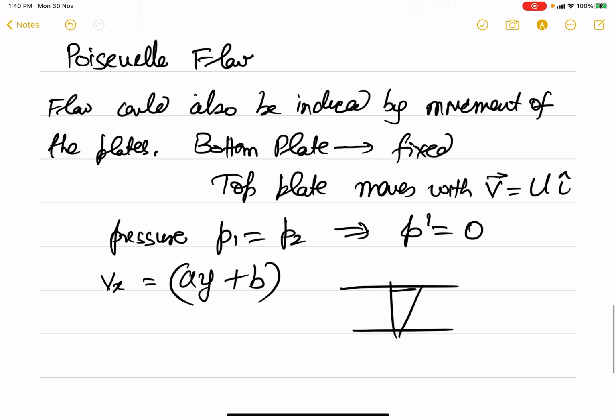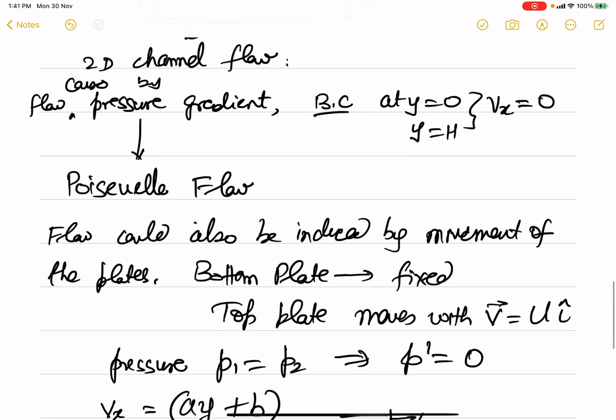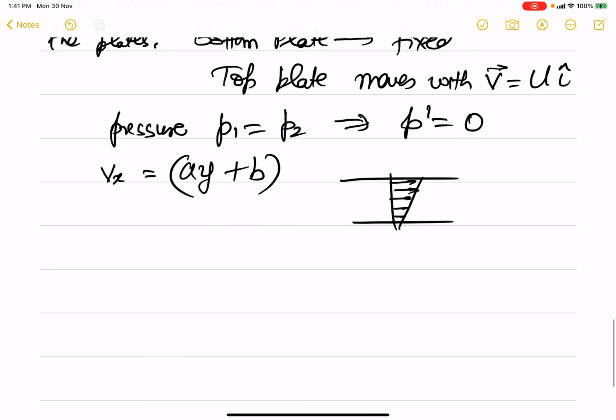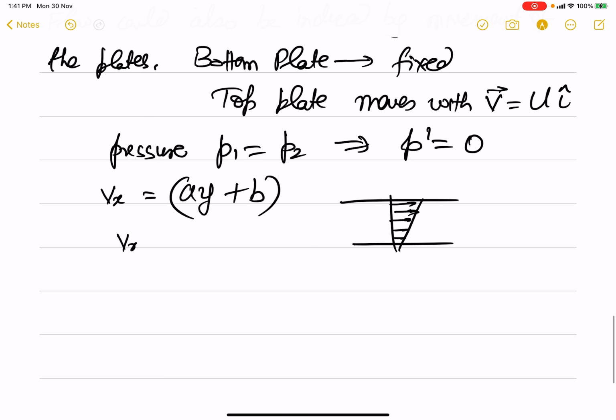That means here the flow will be something like this. And this you can work out, and that's why I chose y is equal to 0 for the bottom plate. If that is so, then the velocity profile will become equal to y times capital U by h. That is what we will get.